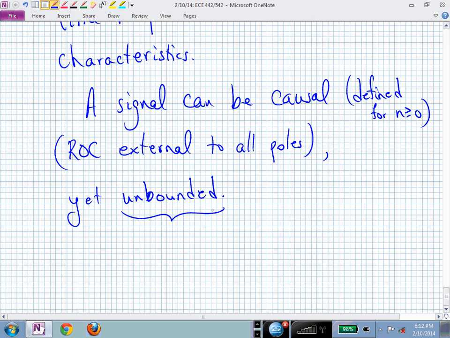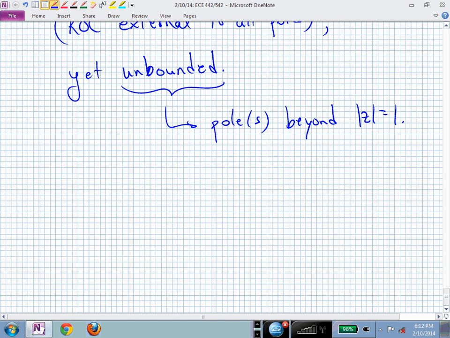The signal being unbounded just means that we have one or more poles beyond z equal 1. And now if you had to come up with an example that might illustrate that, you could say, oh, I have h sub 1 of n equal to 5 to the n.